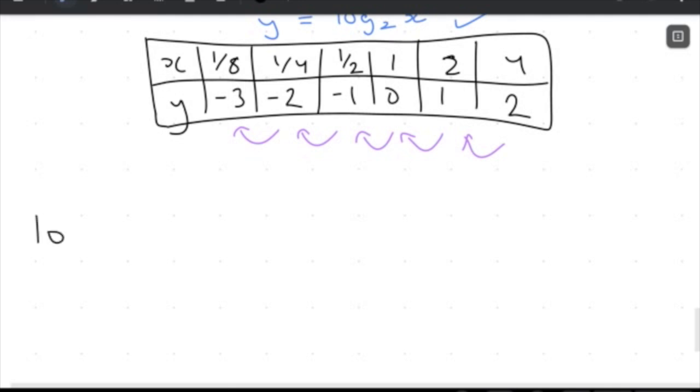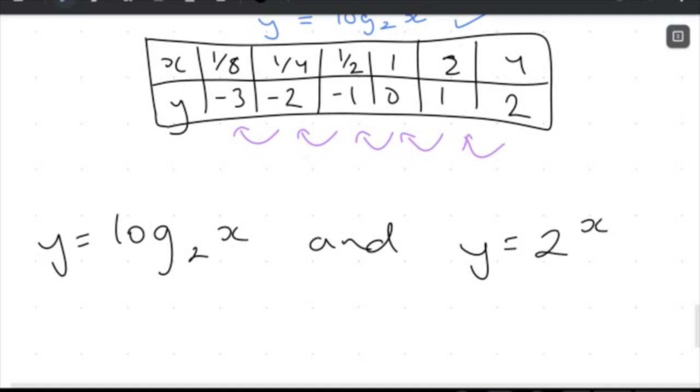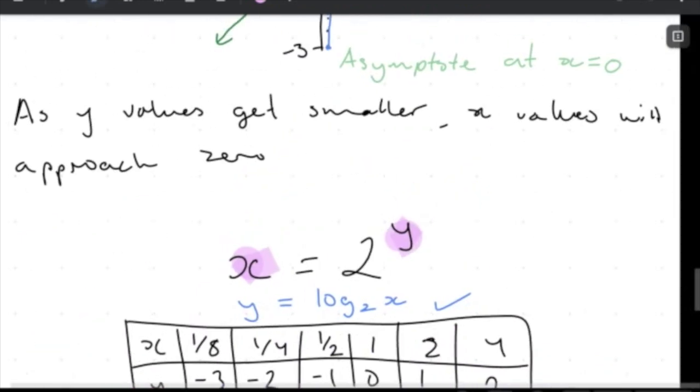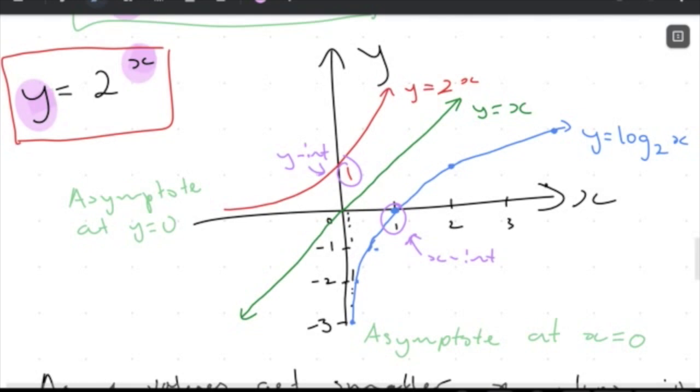Some graph y equals log to the base 2 of x, and a different graph y equals 2 to the power of x, these are inverse functions. So my log graph with the same base of 2 is the inverse of this particular graph. It meets the criteria. All the x and y characteristics are flipped over.